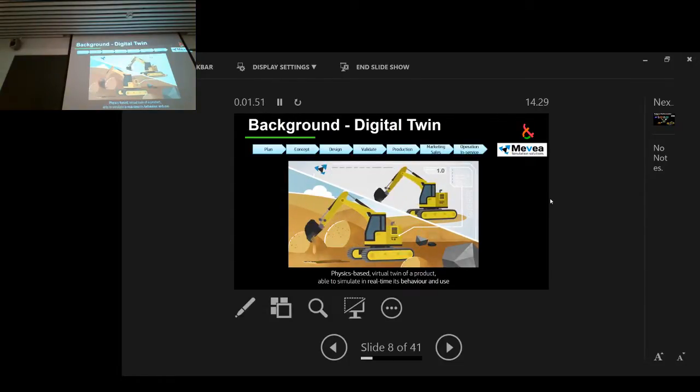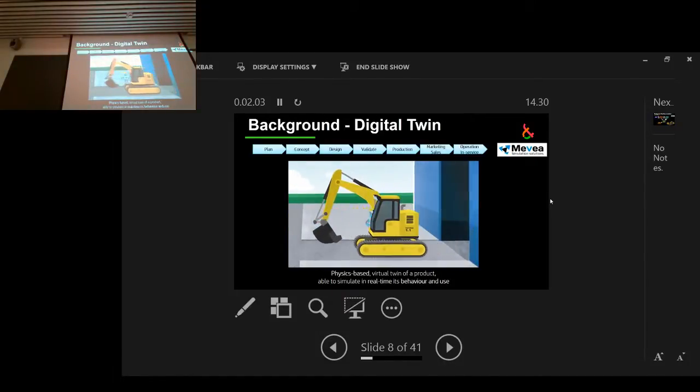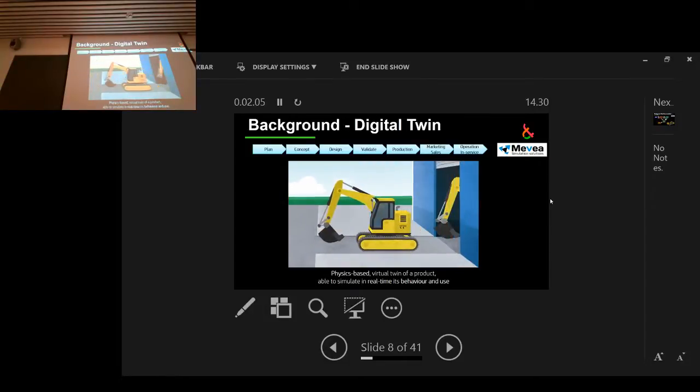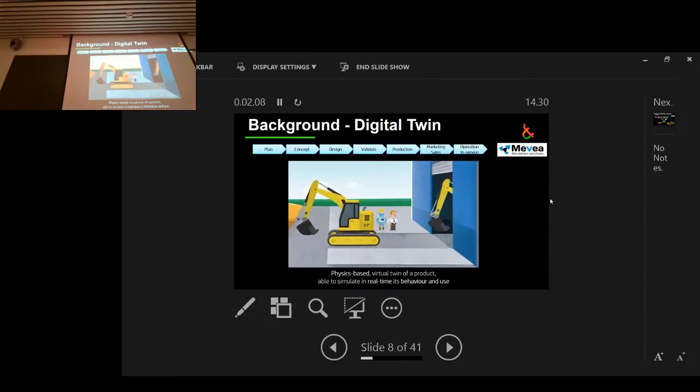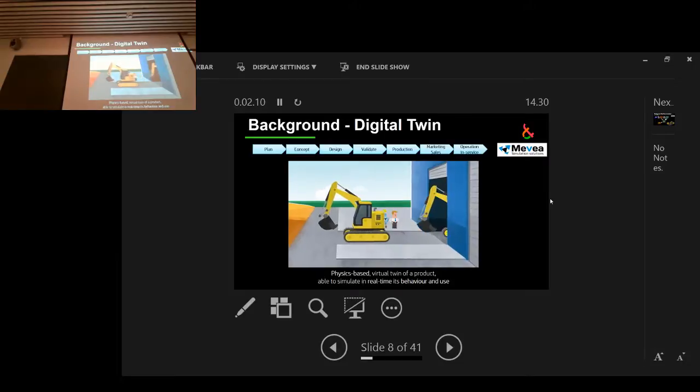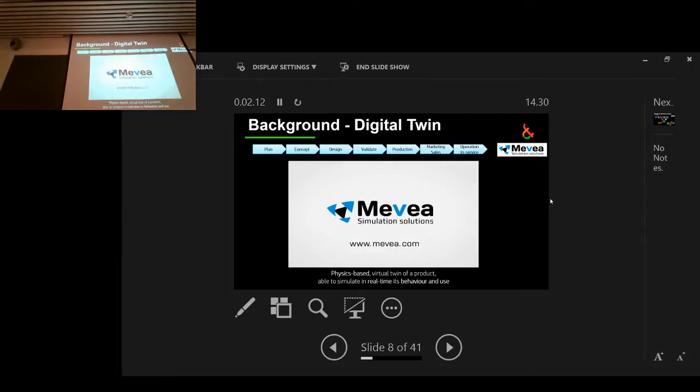Once connected, the digital twin can analyze the machine's use and behavior in the field and provide vital feedback. This data can also be used to develop the product. With Mevea software, you can develop even the most intelligent and complex machines with ease and change the way you engineer and operate your products. Read more about Mevea Digital Twin on our website.